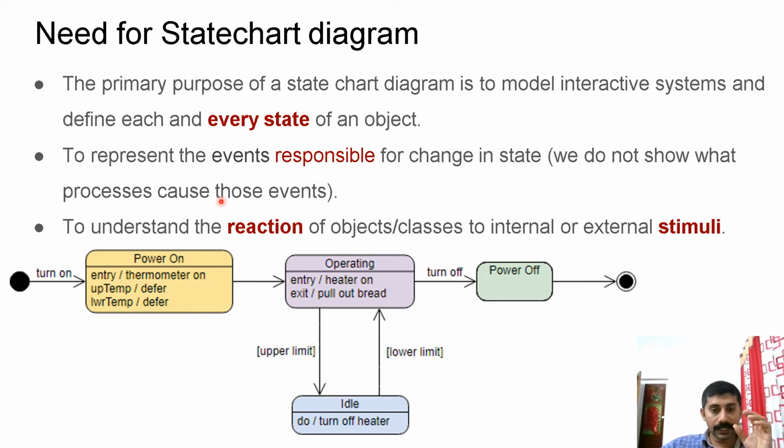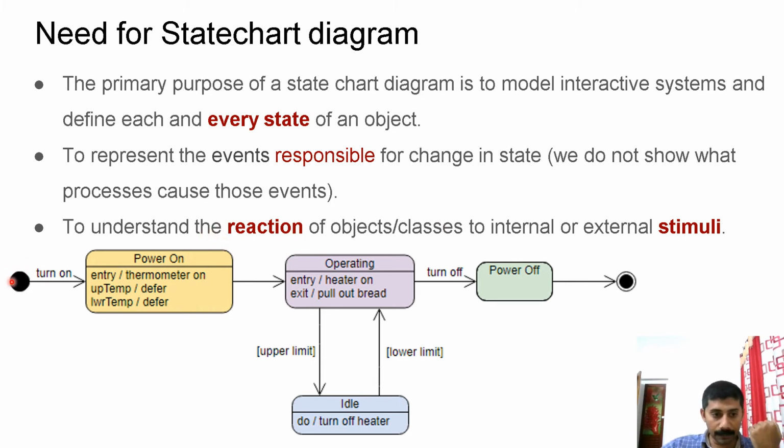Here we are representing states and the events which cause transitions, meaning state change, to understand the reaction of objects or classes to external stimuli. So that is the purpose of this diagram.